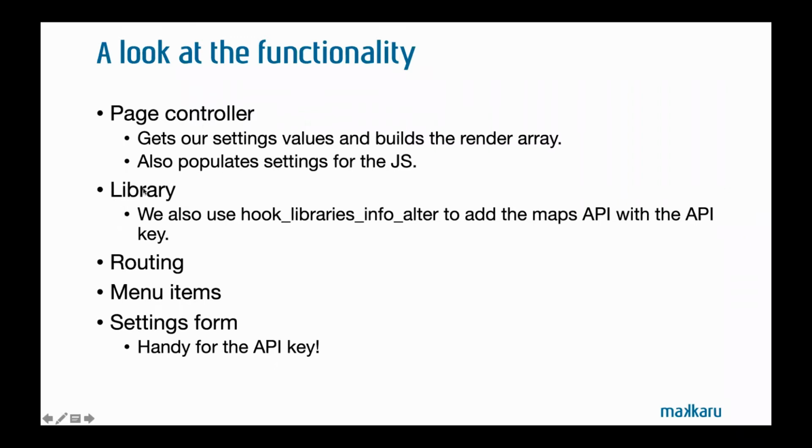We're going to have a library because we'll have some JavaScript we need to call, and potentially CSS or the like. We'll have a routing file because we're going to have two pages, administration and the front-end page. Similarly, we'll have some menu items. And finally, we'll have a settings form, which is handy for the API key.